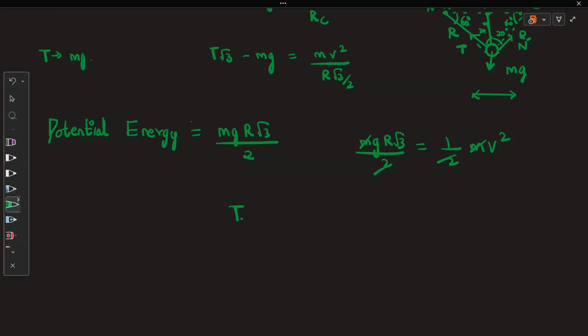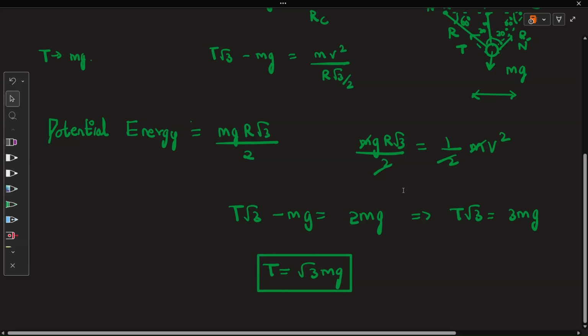So what I get is T root 3 minus mg is nothing but mg into 2. So T root 3 is equal to 3 mg, and T is nothing but root 3 mg.